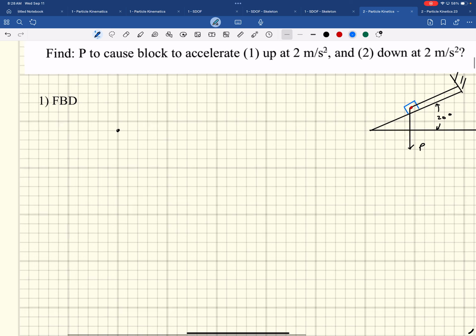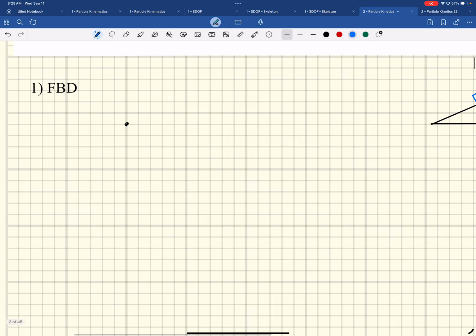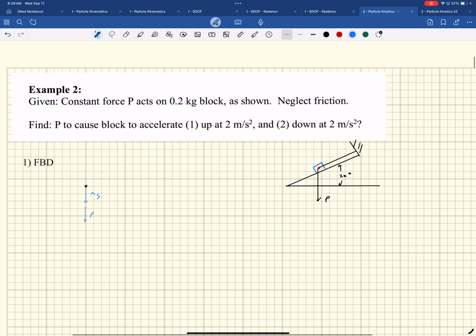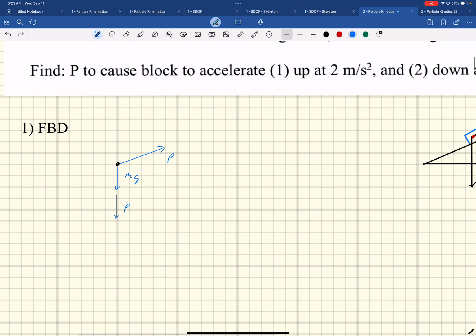That's right: mass times gravity. What else? P, yep, P's acting on that. I got P going down like this. I also have P going up like this too.